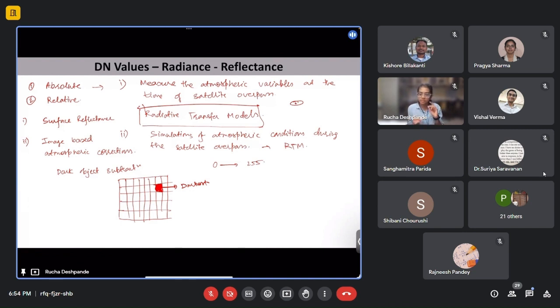This pixel should have very low values. Suppose it has a value like 10. In that case it will be on the darker side. So we assume that this 10 which is appearing here is because of the path irradiance, and the original value of this pixel is ideally supposed to be 0. So we subtract 10 from all the pixels, and that accounts for the correction of path irradiance.